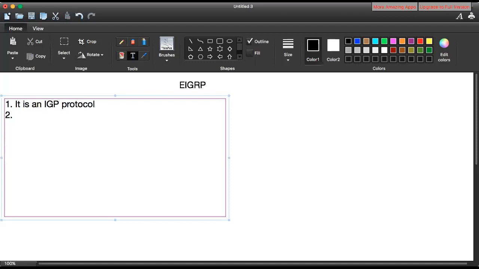And it is a type of hybrid. And what is hybrid? The combination of distance vector and link state. Apart from that, you guys can also mention the points that you remember. Go ahead, please.